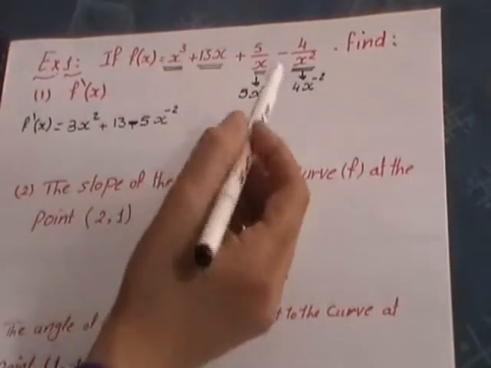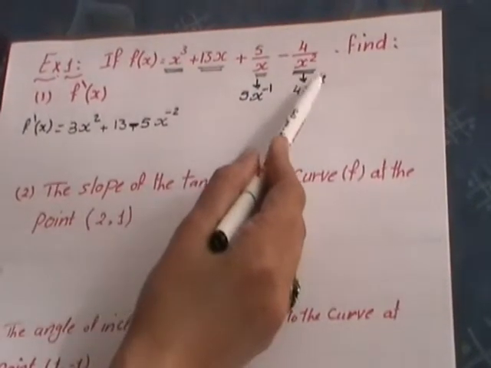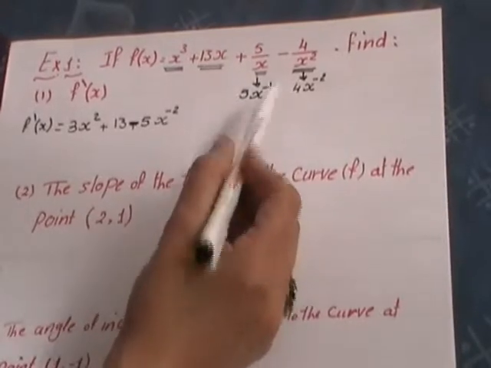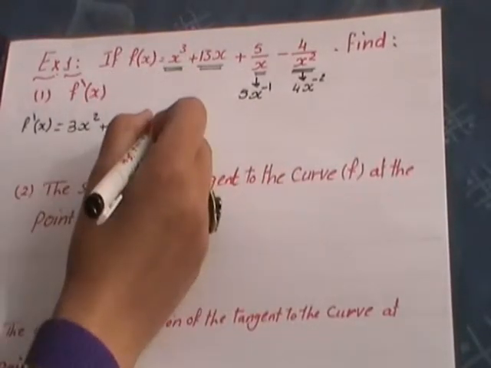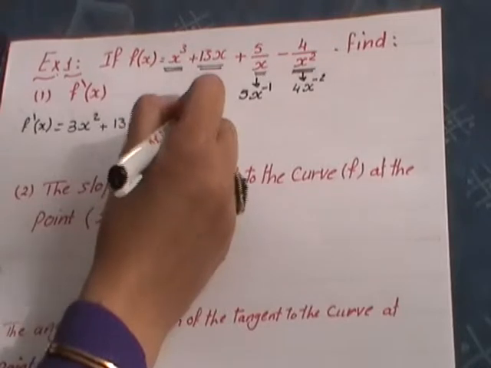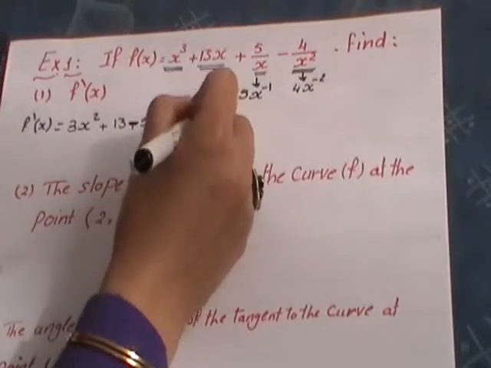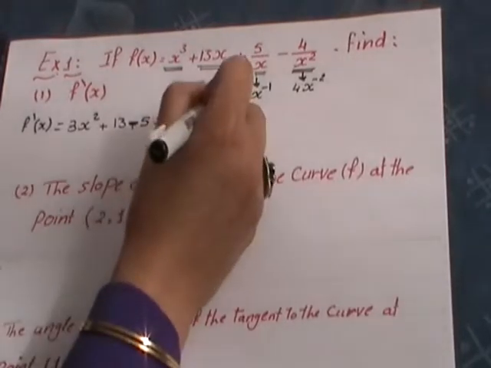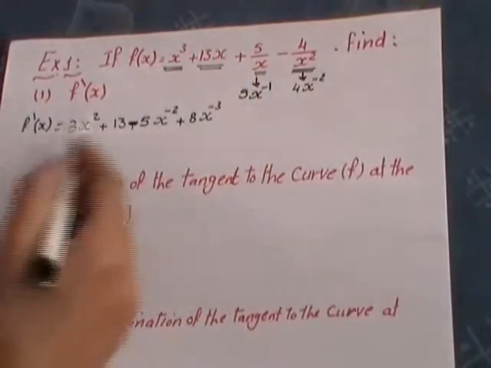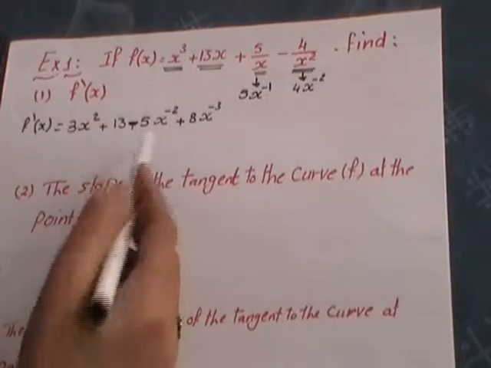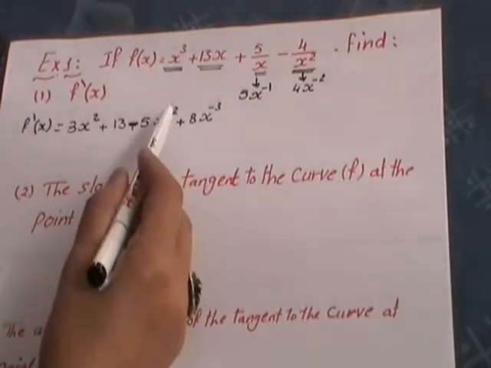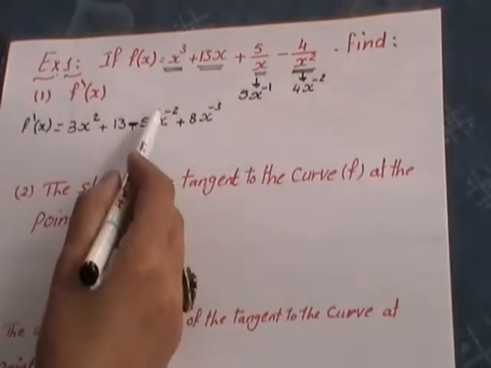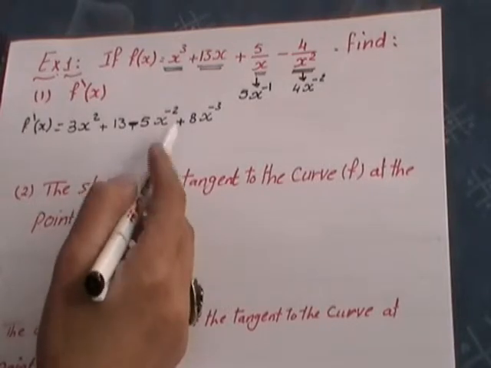Then we find the first derivative of this term by multiplying the power by 4. This is negative 4 times negative 2, which will be positive 8. And we put x to the power negative 2 minus 1, which will be negative 3. Do we keep it as it is? No, we must remove the negative power by changing the place of the term from the numerator to the denominator.